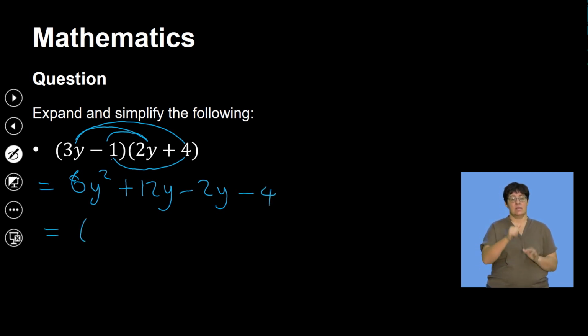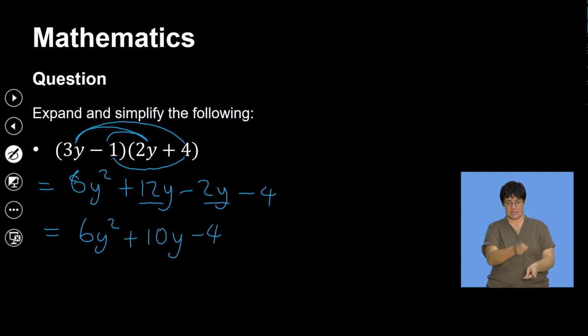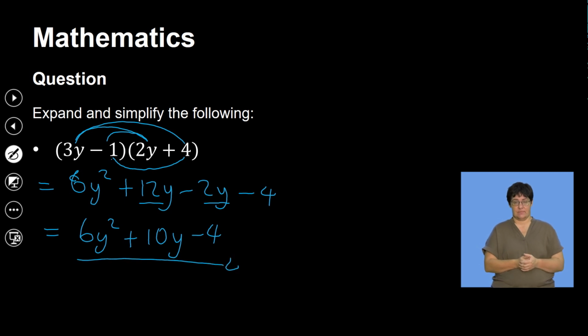And this will end up being 6y squared, because the two middle terms are like terms, it will then be plus 10y minus 4. And that becomes my final answer.